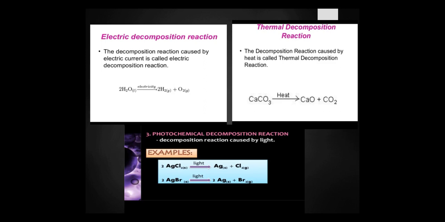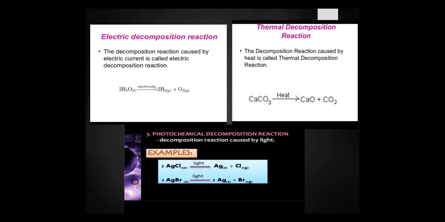Whenever hydrogen peroxide undergoes photochemical decomposition in the presence of ultraviolet light to give hydrogen and oxygen, this reaction is called photochemical decomposition reaction. Here are some more examples. Silver chloride, whenever it is exposed to sunlight, after some time decomposes into Ag, that is silver in solid form, and Cl2, that is chlorine gas.